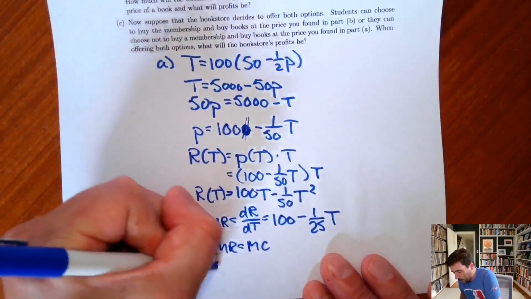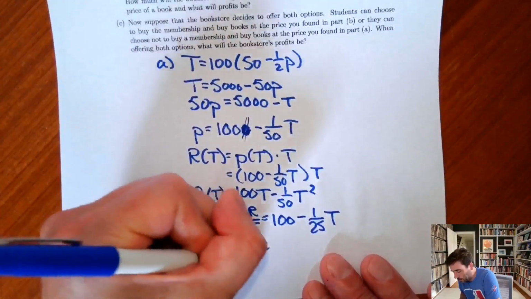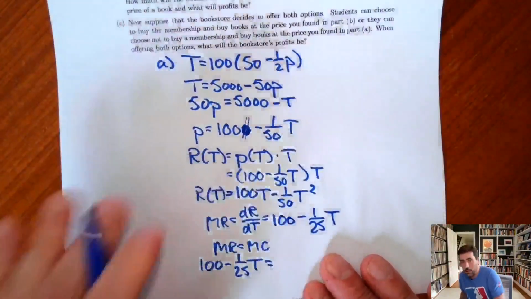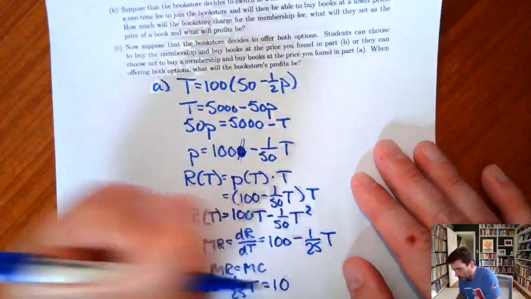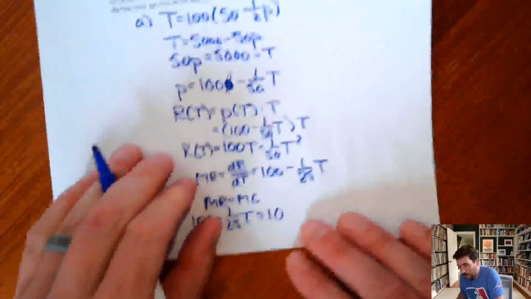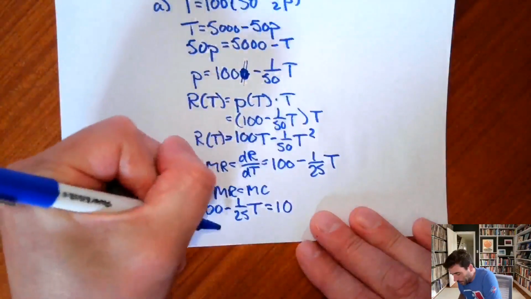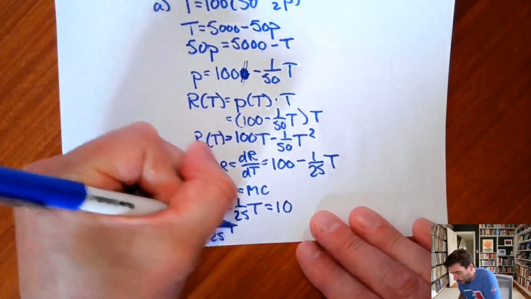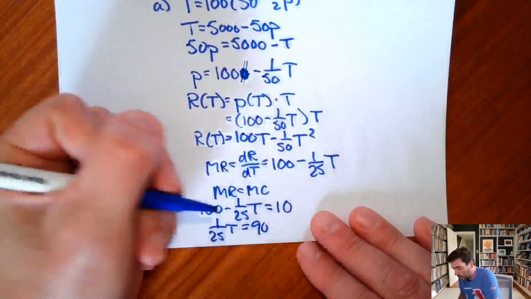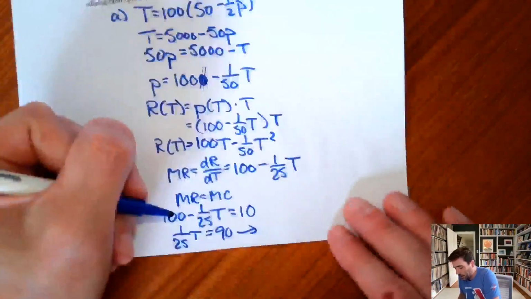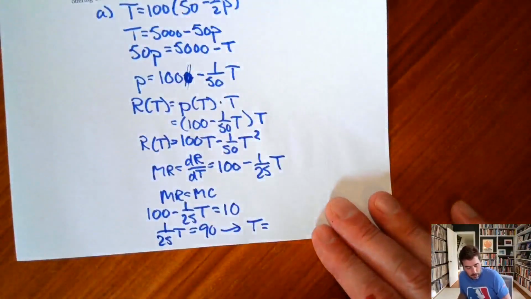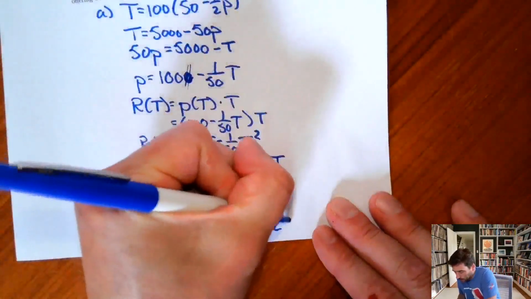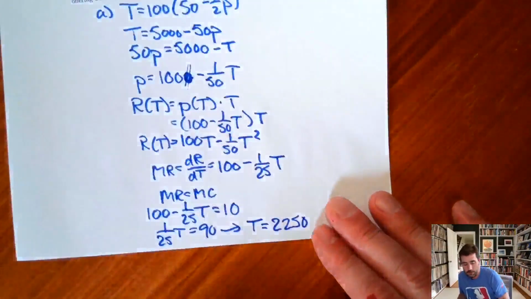So I'm setting 100 minus 1 over 25t equal to, going back here, thankfully I wrote down that our marginal costs are 10. So we're just going to set that equal to 10. That's going to give me that 1 over 25t is equal to 90, which, when I multiply through by that 25, is going to give me a t of 2,250.